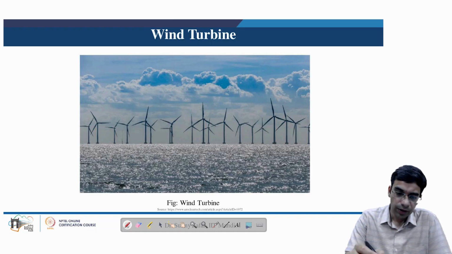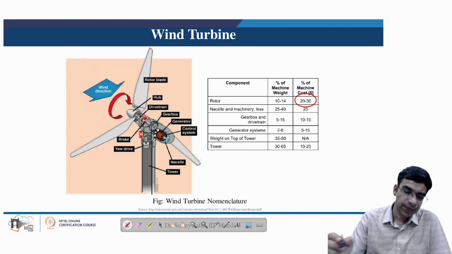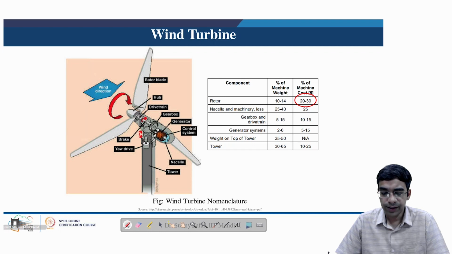So, given all this background, we will see the different components in the wind turbine. In the wind turbine, it is the blades which are of course visible because they are of extremely large size, and they are generally aligned in the direction of the wind.